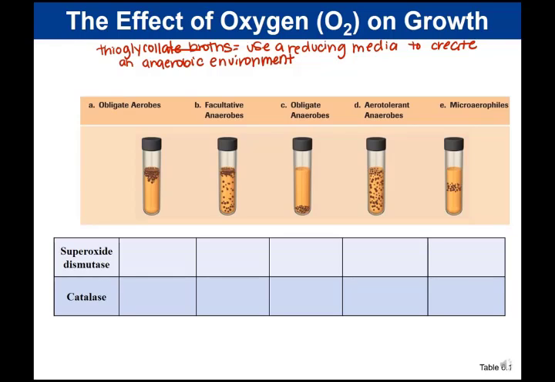Those ingredients were both used to reduce O2 to water, which makes the bottom of that tube anaerobic. You might also recall that in this media, we have an O2 indicator, and that O2 indicator was resazurin. Resazurin is pink when O2 is present.